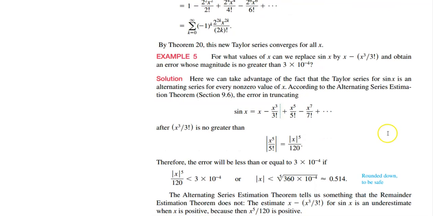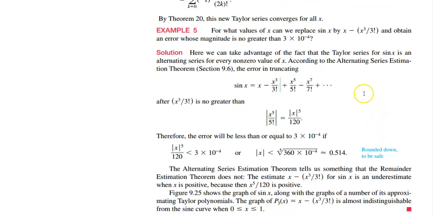So that means the error will be less than or equal to 3 times 10 to the negative fourth power if the absolute value of x to the fifth over 120 is less than 3 times 10 to the negative fourth, or if the absolute value of x is less than the fifth root of 360 times 10 to the negative fourth, which is about 0.514.